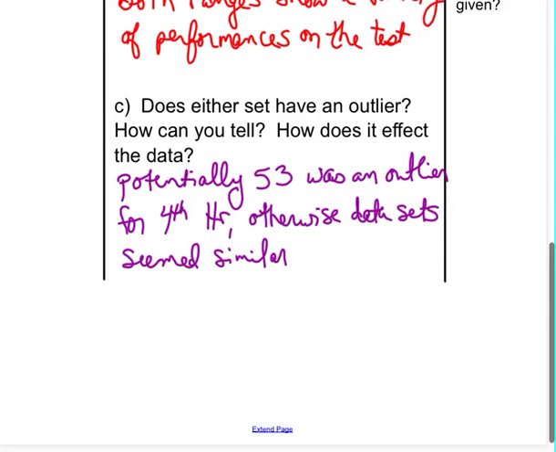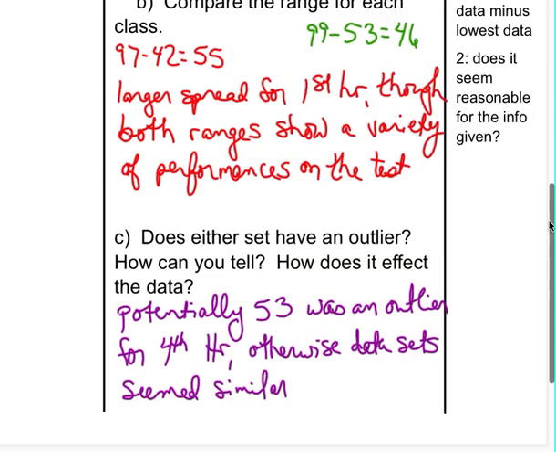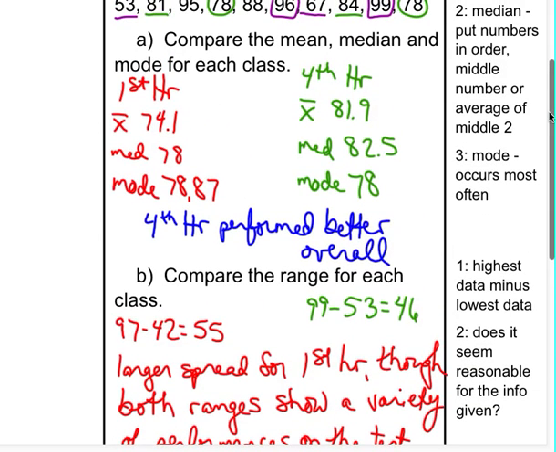So again, how does it affect the data? It would make the mean, well, in this case, actually, going back, looking at the mean, I would say it's not an outlier. The mean was still higher for fourth hour than it was for first hour, and the range was still smaller.